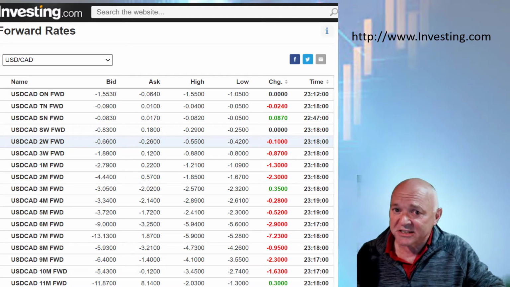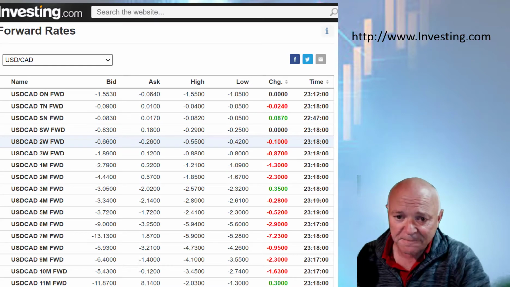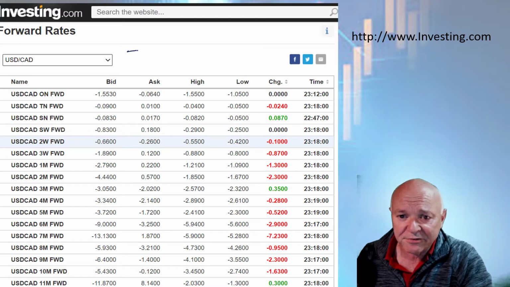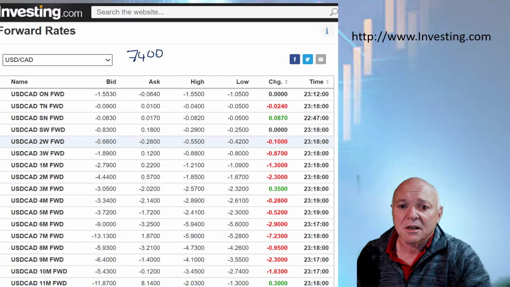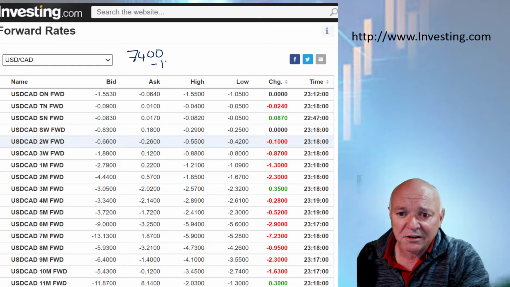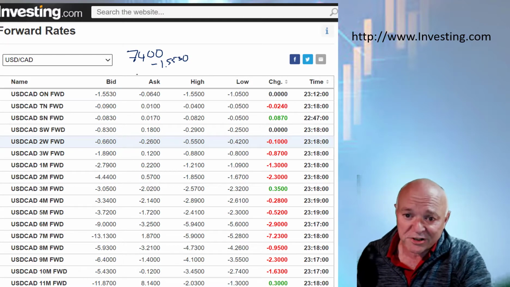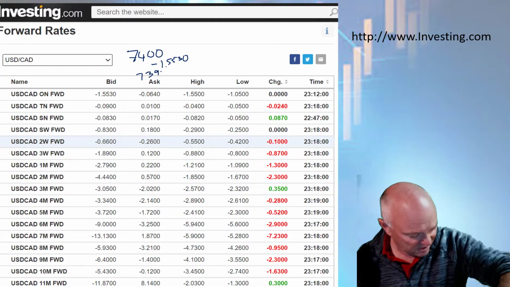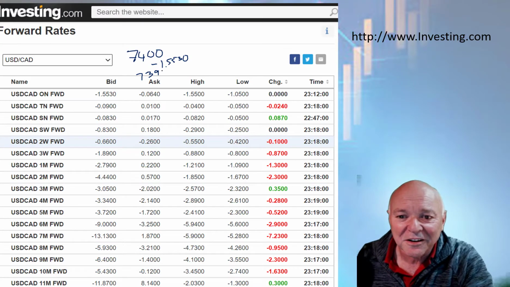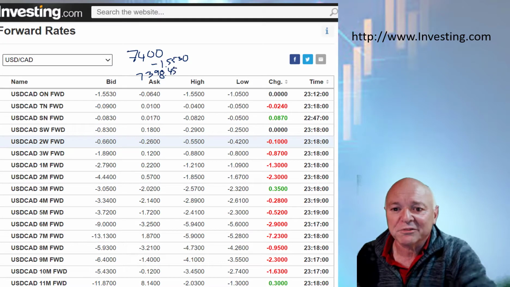The prices are expressed as bid and ask. So, for example, if today the spot rate for the US dollar to the Canadian dollar is about 74 cents, the bid price on this, or the price at which they're buying currency, would be a difference of minus 1.5530, which means that the forward rate, the overnight forward rate, would be something like 7398.45.